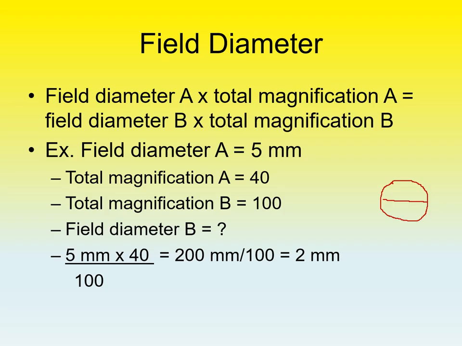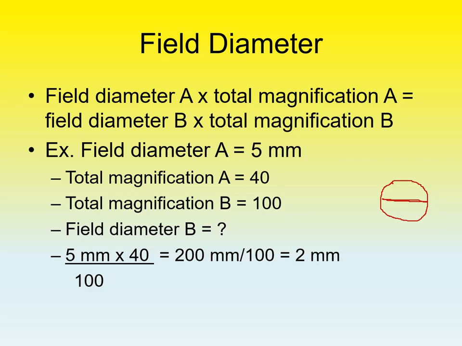So you would actually measure it, typically at the lowest objective lens. In this case, I'm giving an example where it was 5 millimeters. So the distance from here across to here is 5 millimeters. What is the total magnification when using that particular objective lens? In this example, I'm saying it was 40.